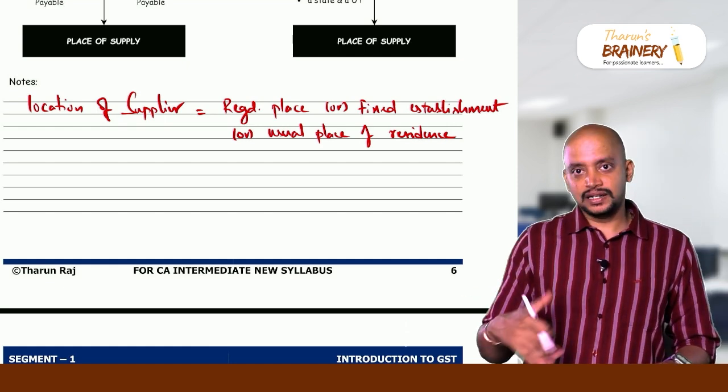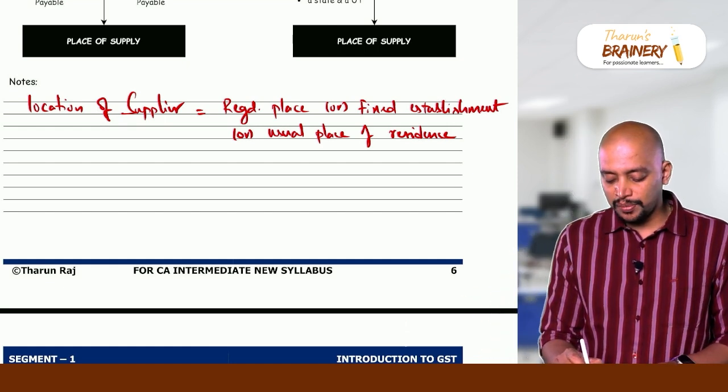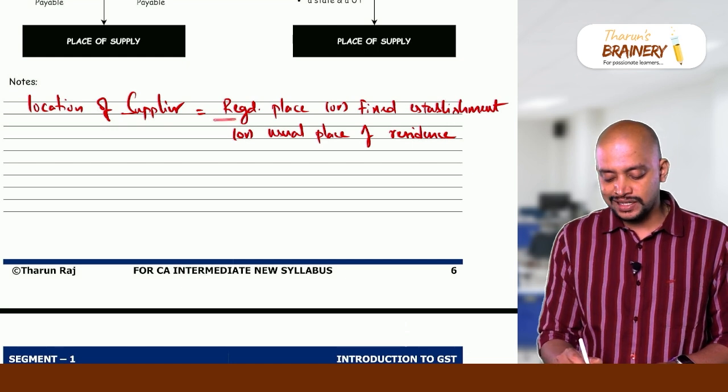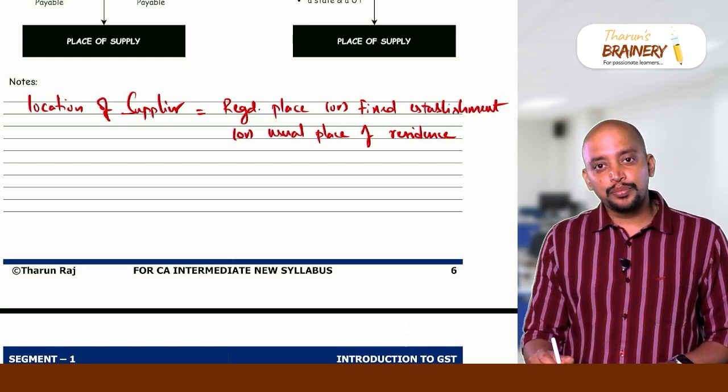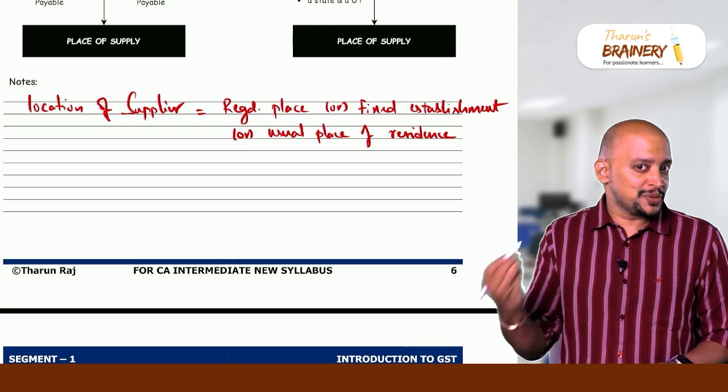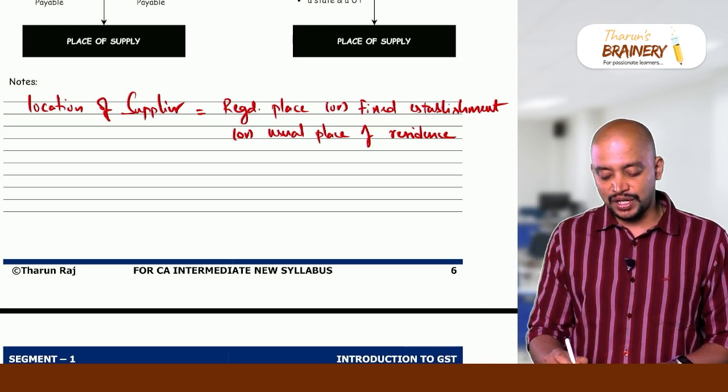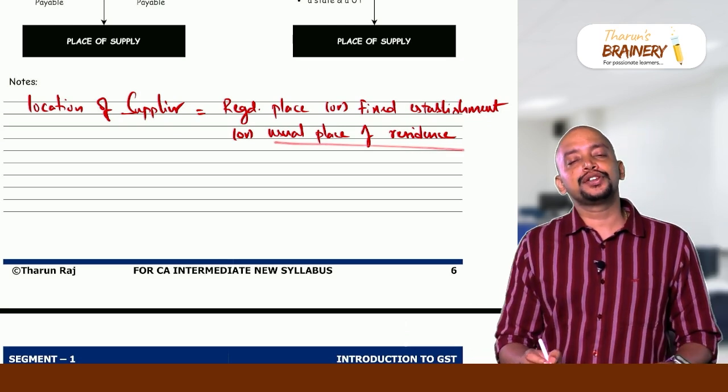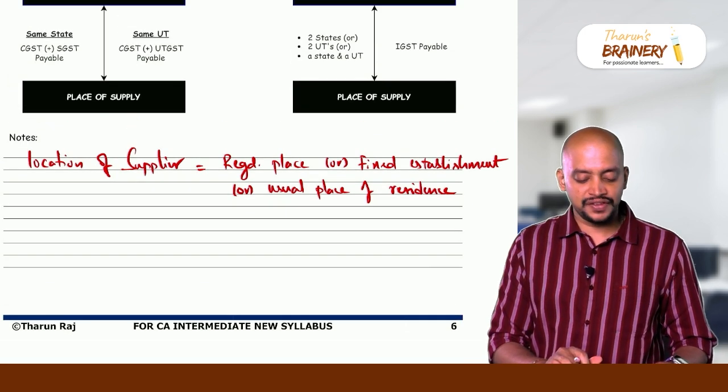So it depends. Suppose they are doing business from the registered place, that registered place. Suppose they are doing business from a fixed establishment elsewhere, that fixed establishment, or in the absence of that, the usual place of residence is the location of supplier.